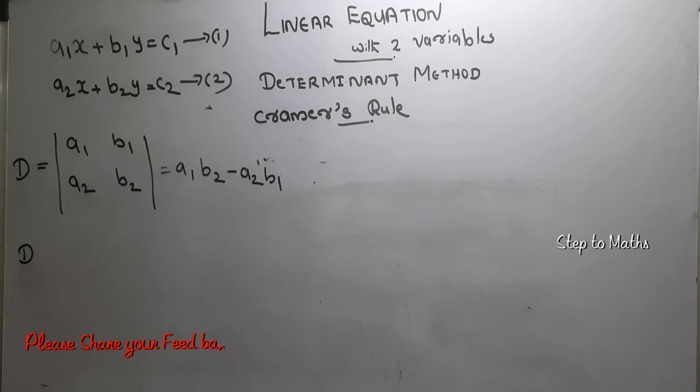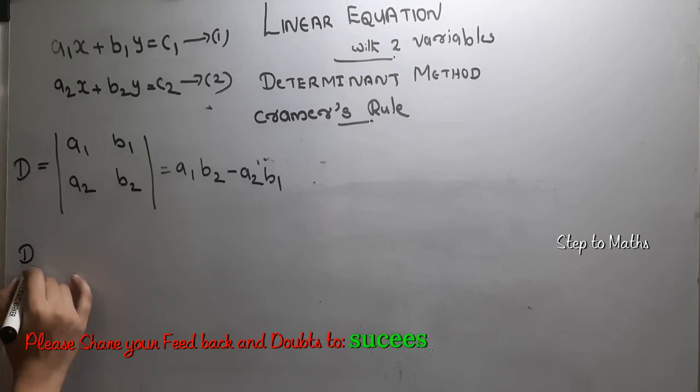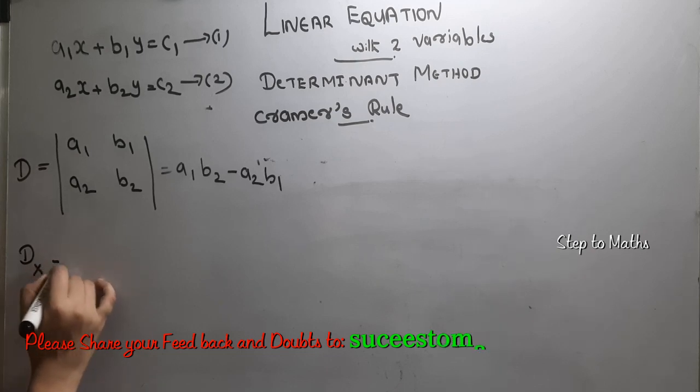Now, to find the value of x, in the first method, what do we do? We equate the coefficients of y. Similarly, to find the value of x, we construct another determinant, dx.